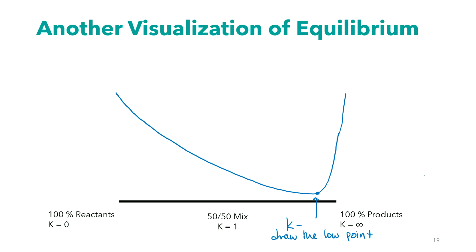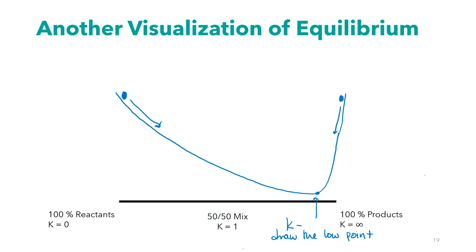So it doesn't matter where you start, what combination of reactants and products you start with. Even I could start here. This is very obvious: I start here with 100% reactants, this comes down. Well, I have a big K, so I should make a bunch of product. But this would be even true if I started with 100% of the product. I would still roll back down a little bit, because even though it's a big K, there is still a very tiny amount of reactant in there.